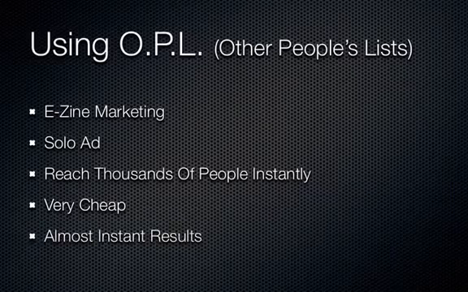When I submit an e-zine solo ad, I start seeing results within about an hour, typically on average. So when you click that send button, boom, about an hour later you start seeing traffic, people coming to your affiliate site, and then you start seeing sales coming in right away. You don't have to wait days and days for that to work. Pay-per-click can be very, very expensive.